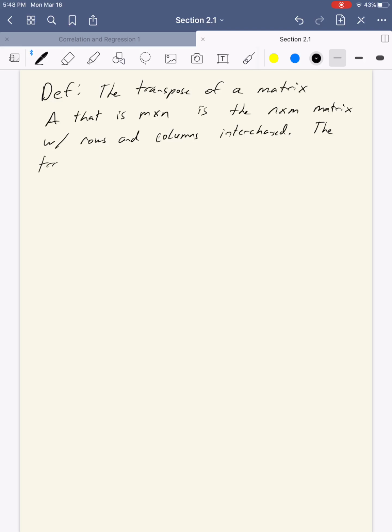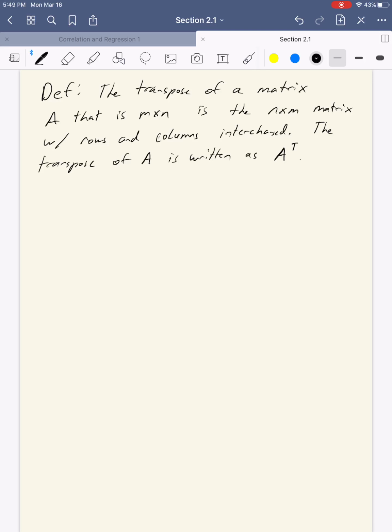The transpose of A is written as A with a capital T, so almost like an exponent, but of course it's an operation here. Now, what do we mean by rows and columns interchanged?